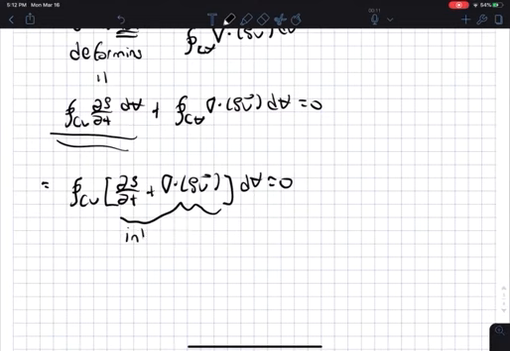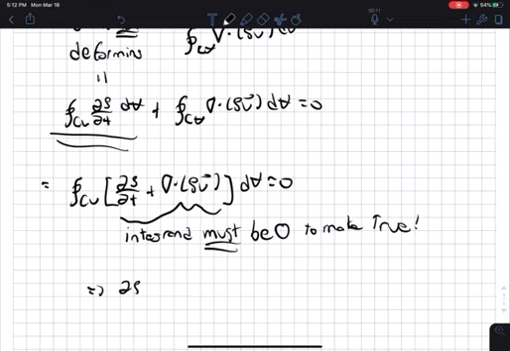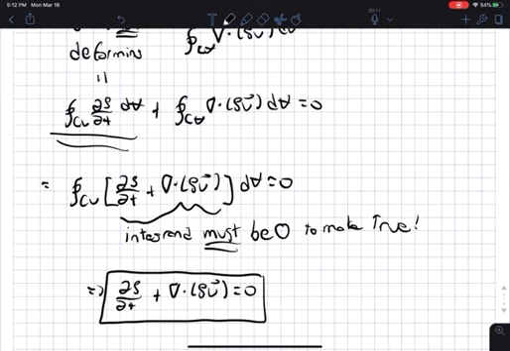So the integrand must be 0 to make this true. Which implies that partial rho, partial t, plus the divergence of rho v equals 0. Okay, and so that's how we derive the conservation of mass in general using the Gauss divergence theorem.